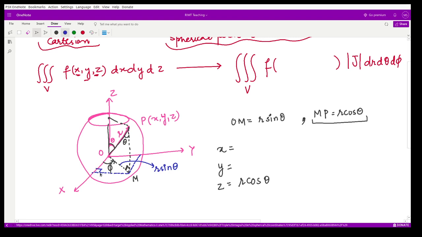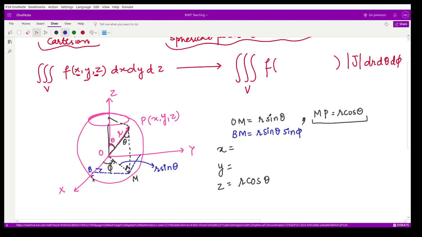Because this is 90 degrees, you can calculate this distance. Say this point is B, so you can calculate BM. Here BM, the y distance, is equal to r sine theta times sine of phi, because r sine theta is the hypotenuse and we are calculating the perpendicular.